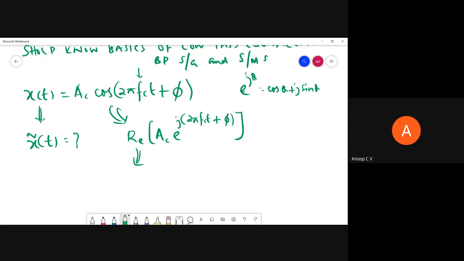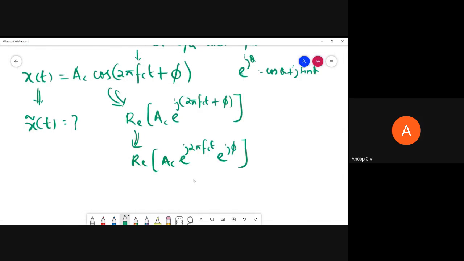Further, I can rewrite it as the real part of A_c times e power j 2 pi f_c t times e power j phi, since e power j(a plus b) is e power ja times e power jb.